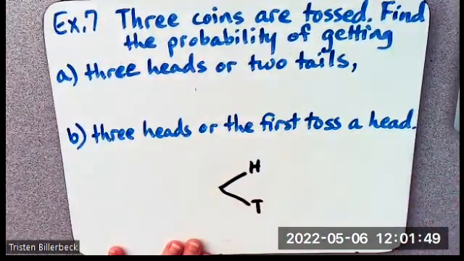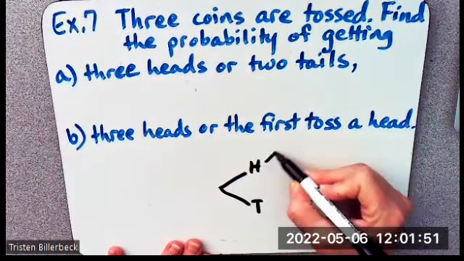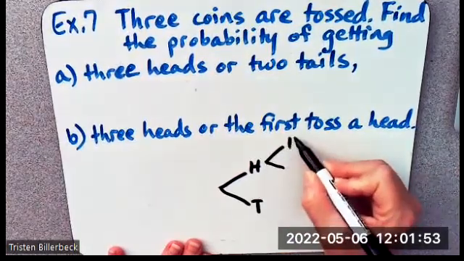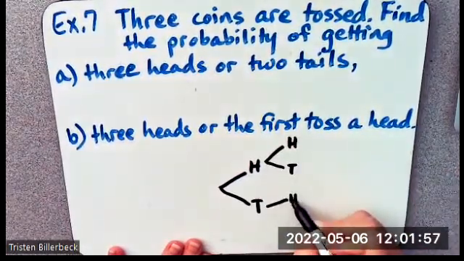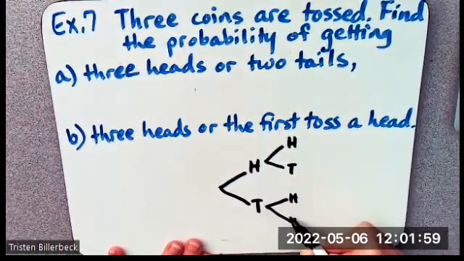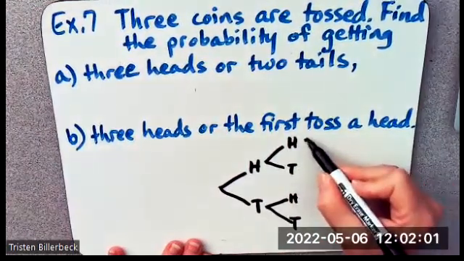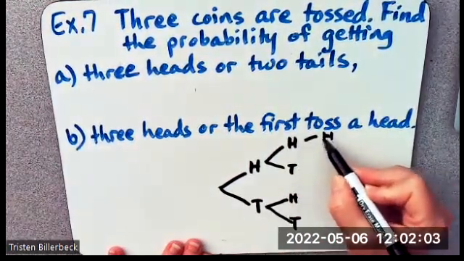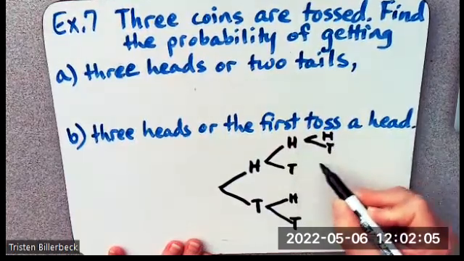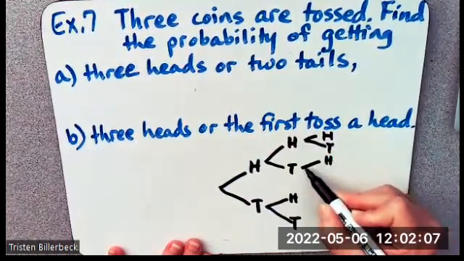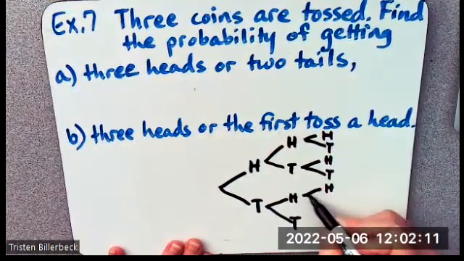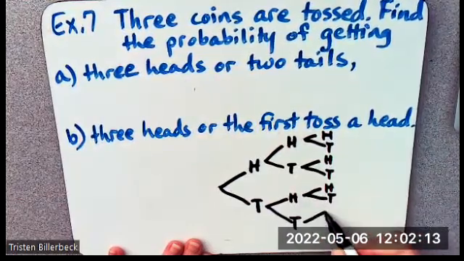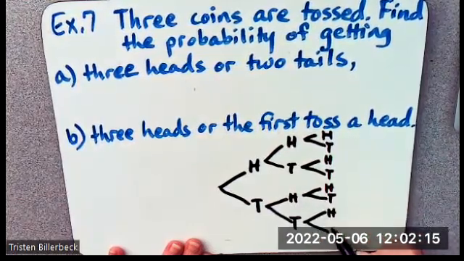You either have heads or you have tails. Then the second row, we have heads, tails, heads, or tails, because these are independent each time. This third time, it's heads, tails, or heads, tails, or heads, tails, or heads, tails.